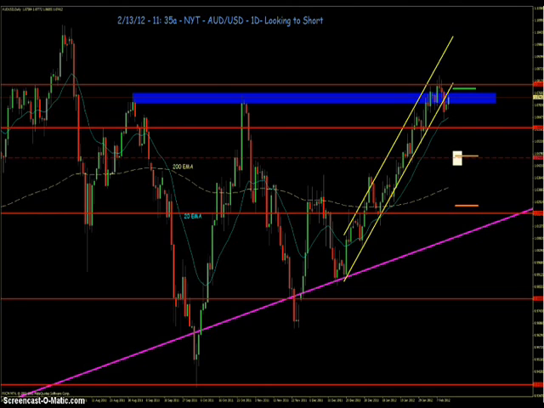Now, I purposely didn't put in pivots. Everyone who's heard me do these before knows that I'm a big fan of weekly and monthly pivots. But I purposely didn't put them in this time simply to show that you can make a framework just by looking at price action and drawing a few lines in. Given that, once I put the monthly and weekly pivots in here, you're going to notice something very, very interesting.